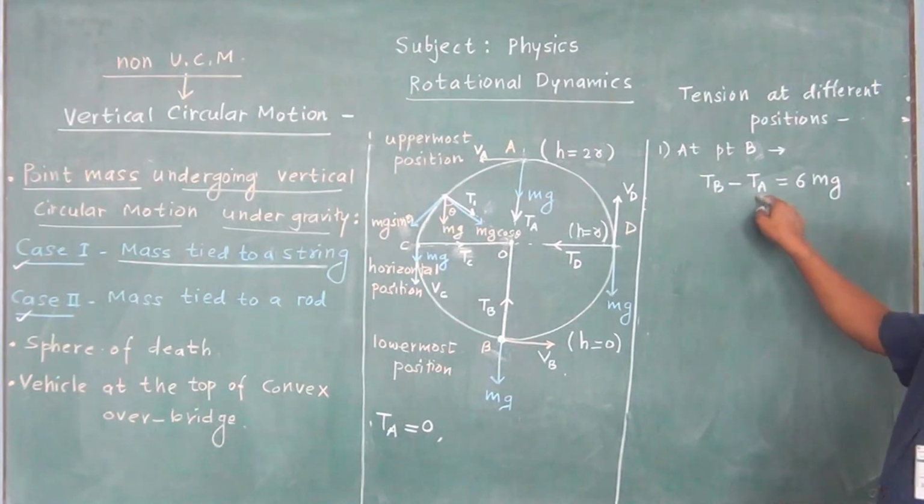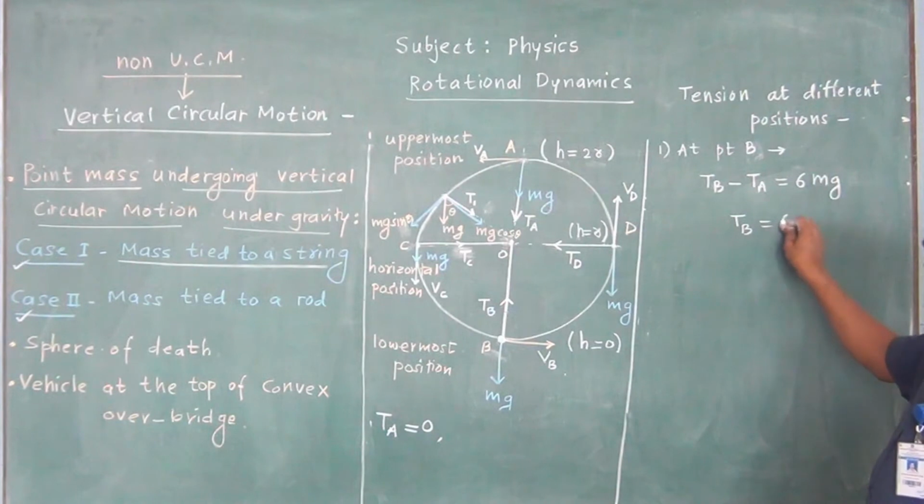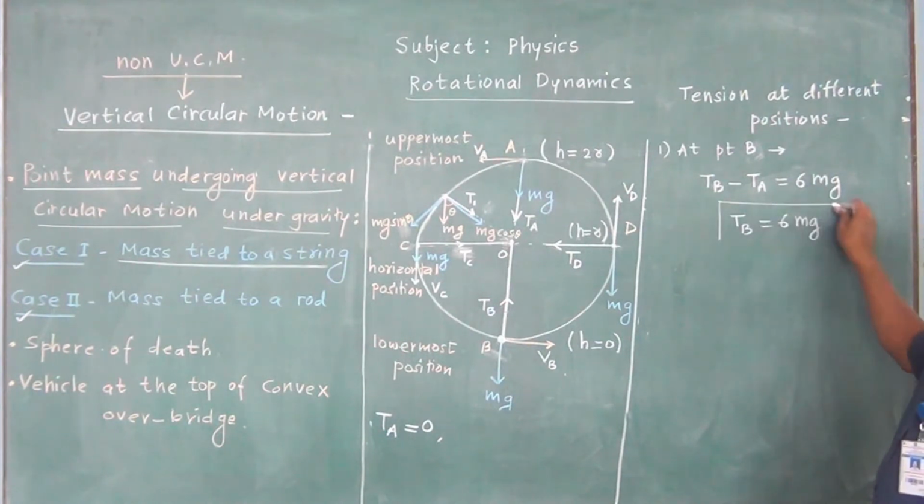By putting the value of tension at A, the final relation will be that the tension at point B is 6 times mg.